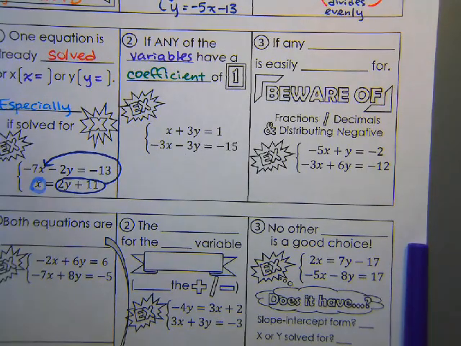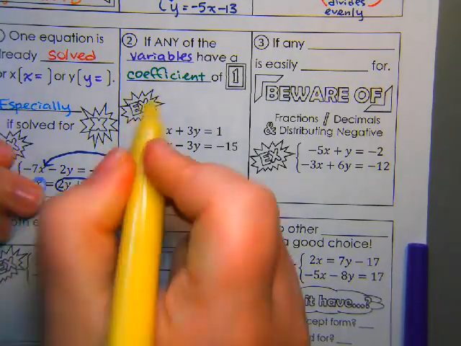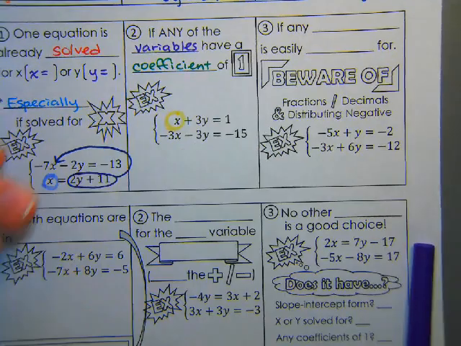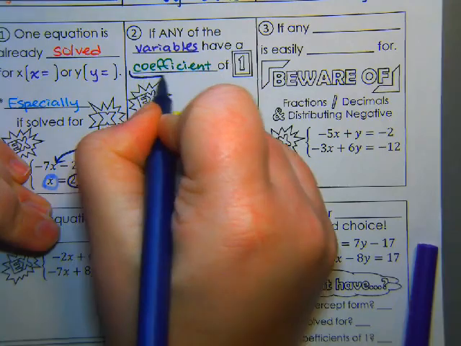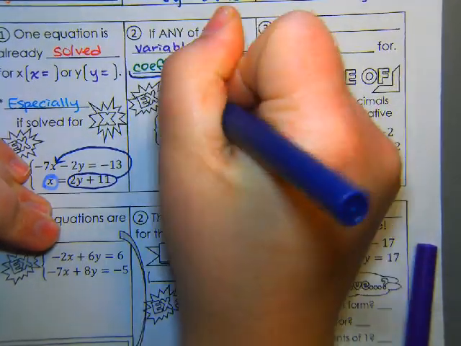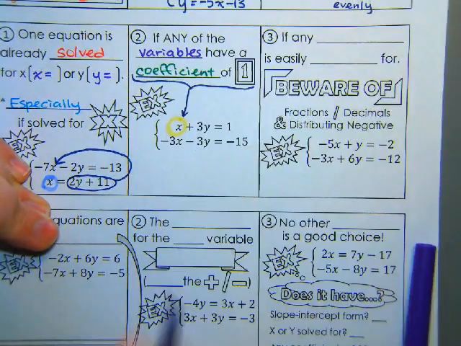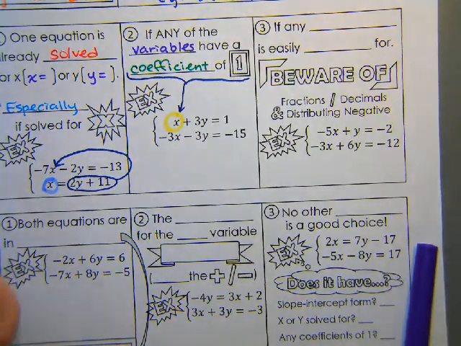So we've got this guy here, and we have a coefficient of 1, and that means that it's easily solved for.